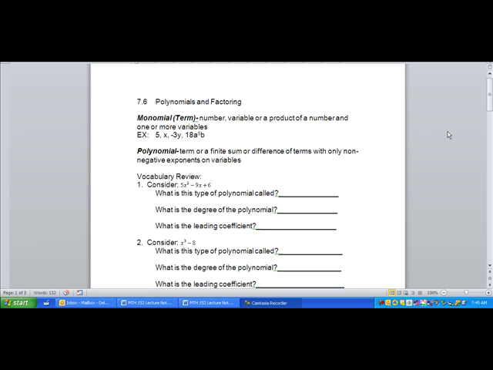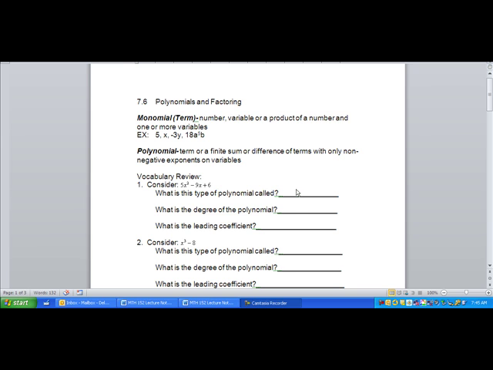A polynomial is a term or a finite sum or difference of terms with only non-negative exponents on the variables. And so we're going to look at some different ones. Starting with number 1, it says consider 5x squared minus 9x plus 6. What type of polynomial is this?